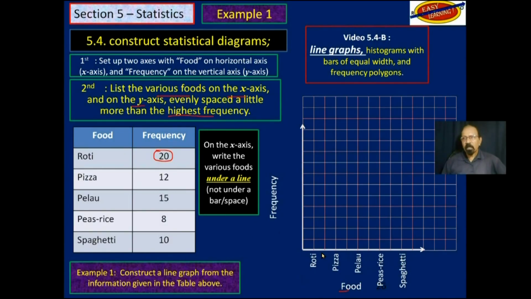But note that in this case, these foods are listed under one of these lines. Roti, pizza, under a line. Now, that is not why it is called a line graph. We will find out just now why it is called a line graph. So, we list these on the x-axis under a line.